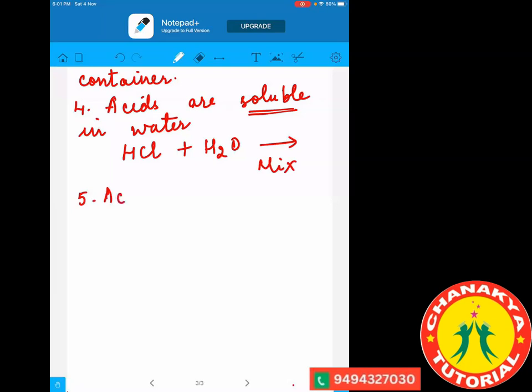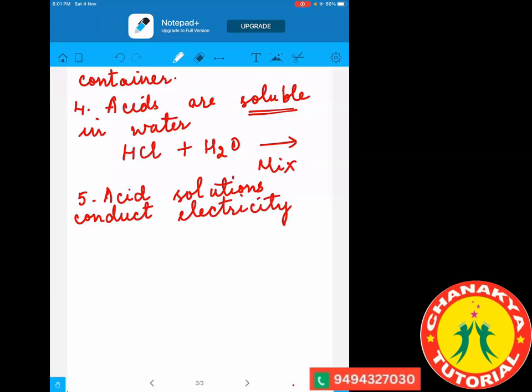Then acid solutions conduct electricity. They help in the flowing of electricity. You might have seen that some acidic materials are used to produce electricity.